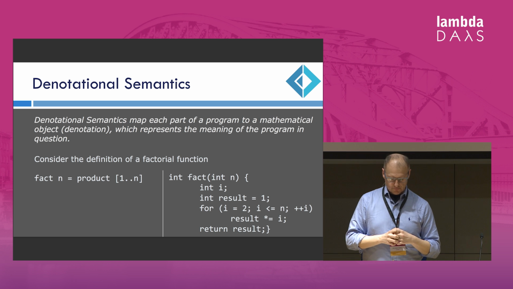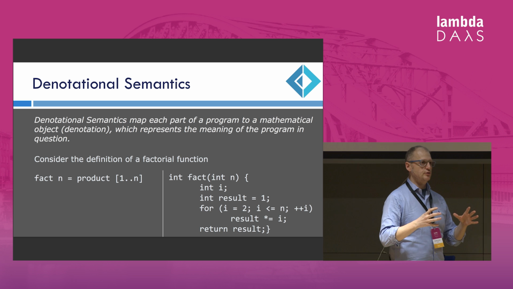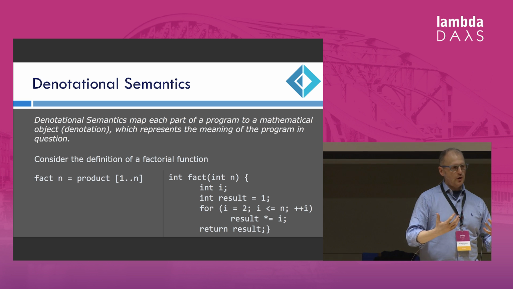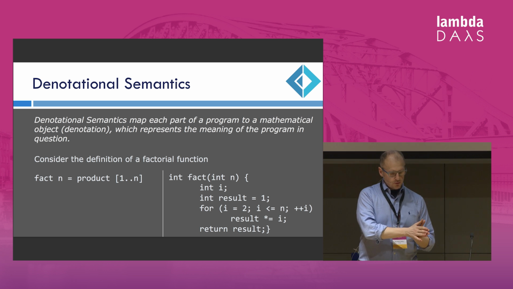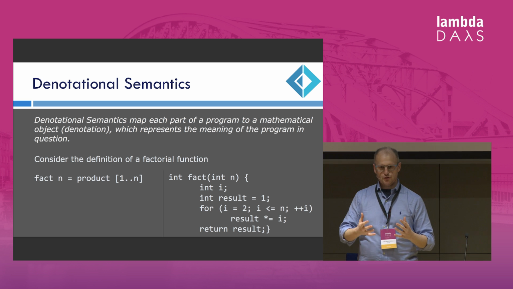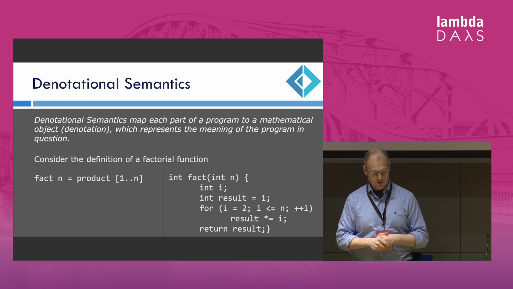It is not so much about showing what the program does when it runs, but really it tries to convert your program from your native language to a more mathematical representation.